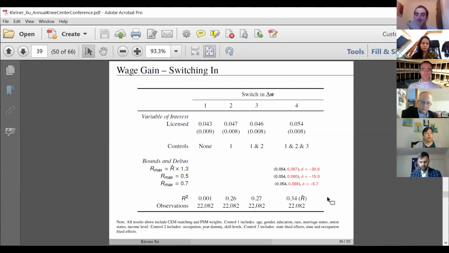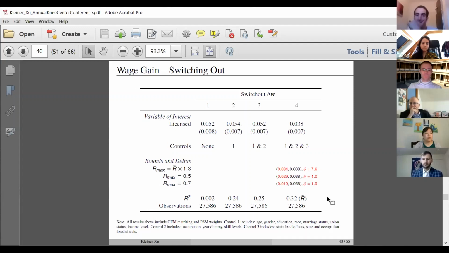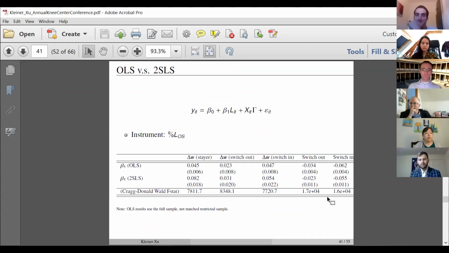Switching in, we do some robustness tests for the ability of unobservables to flip our results, and again the results tend to be fairly robust to potential unobserved variables changing our basic results. Switching out, those results tend to be, again, fairly robust.